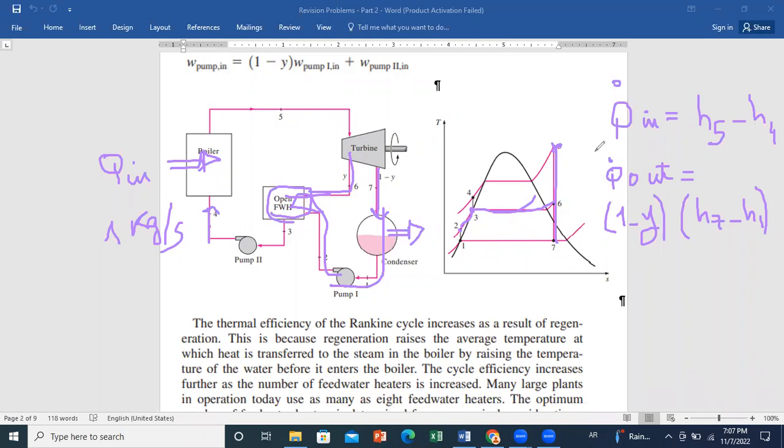In the efficiency calculation, you just take into account Q dot in and Q dot out, and you just do 1 minus Q dot out over Q dot in.